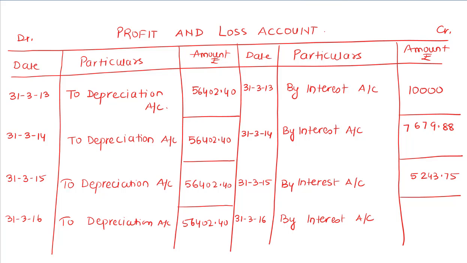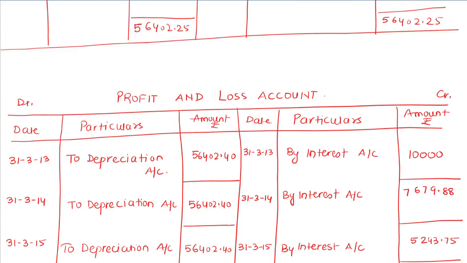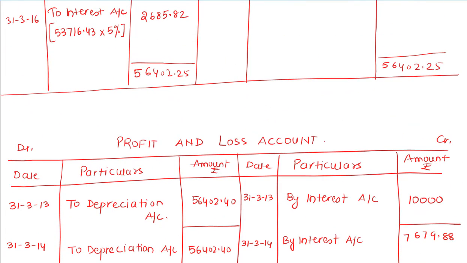So by interest account 2685.82. And over here the extract of profit and loss account is closed.